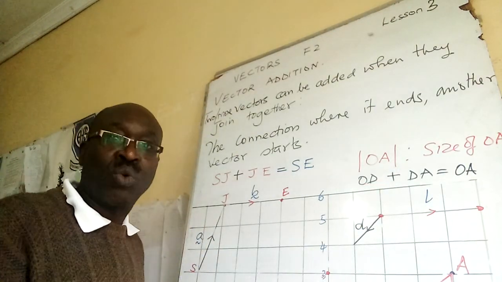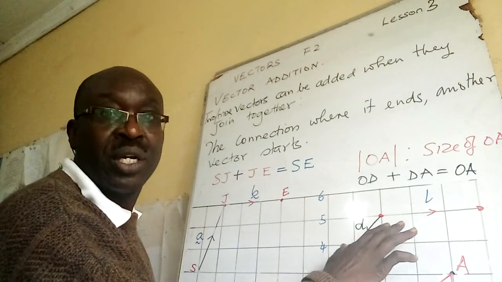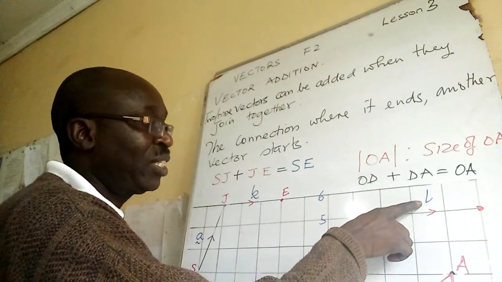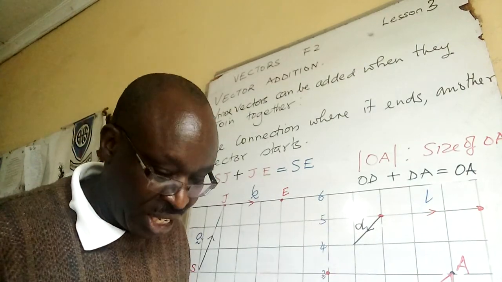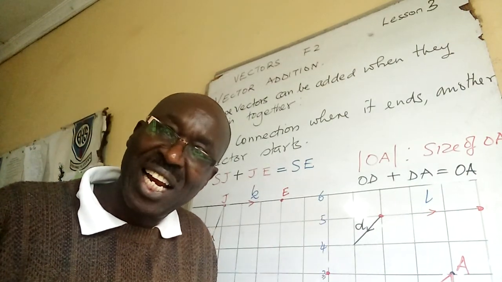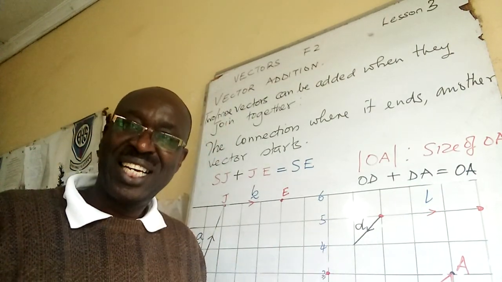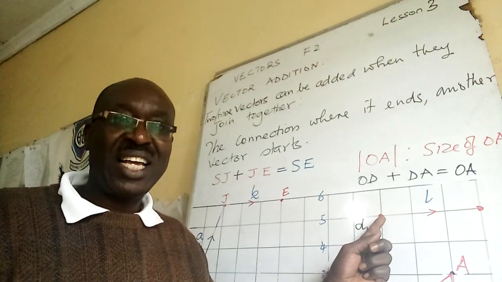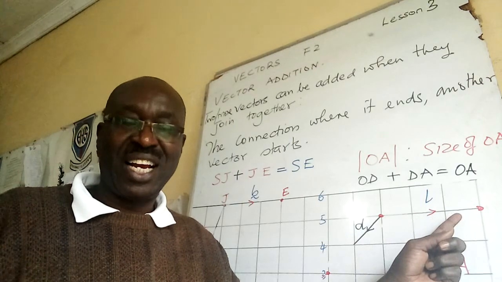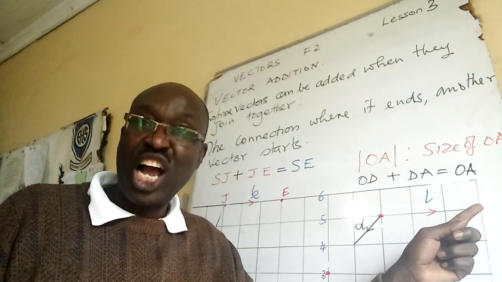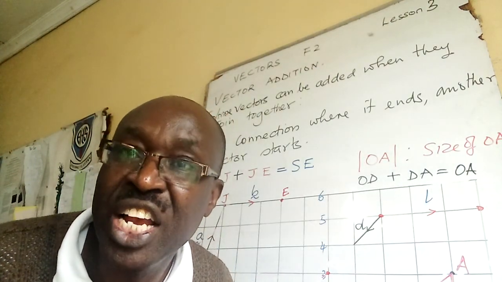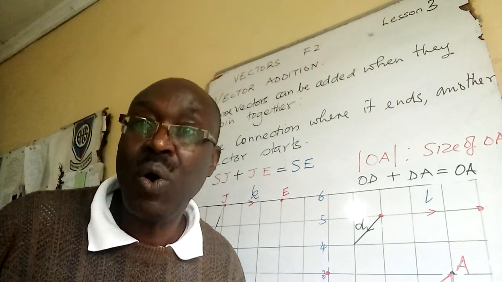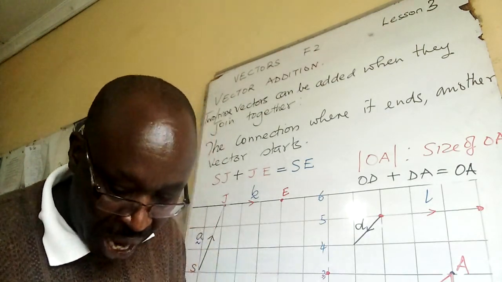Right? So we go back as I conclude here. Look at this. This is vector L, this is vector D. If I say use vector L, where I have reached, I should connect vector D. So the way they are drawn, you can do an adjustment. How?